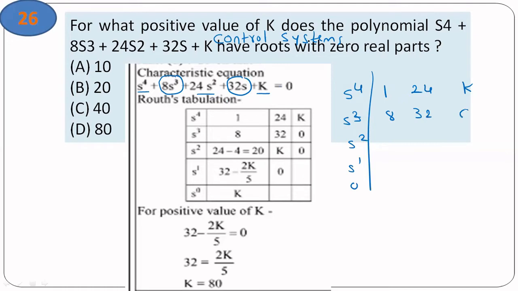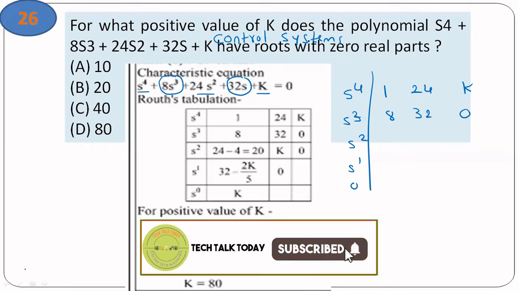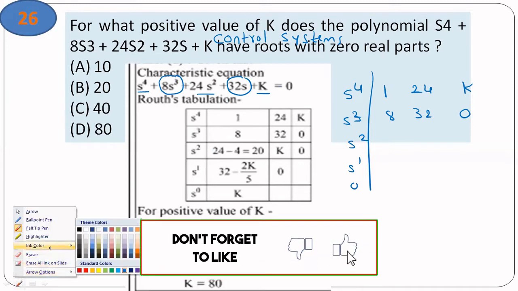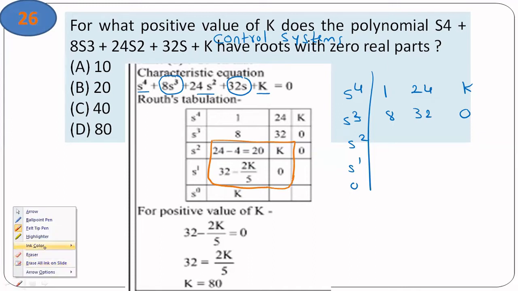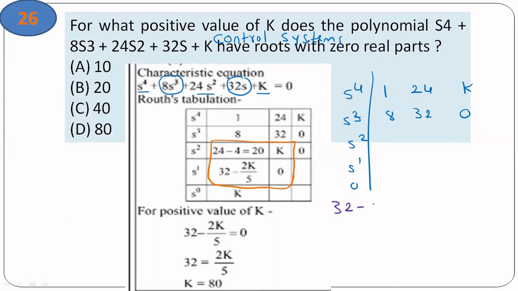Now if you can solve for this, then the complete solution is made available in this slide. So if you can go through the complete solution, we'll get the solution as (32 minus 2k) divided by 5, equal to 0.